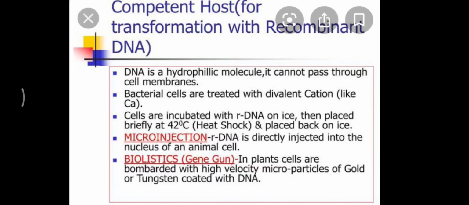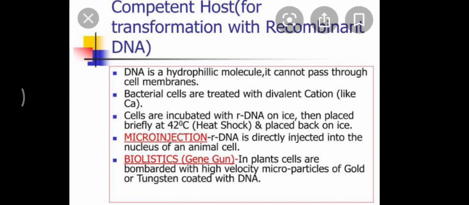DNA is a hydrophilic molecule and it cannot pass through the cell membrane. So, the bacterial cells are treated with calcium ions, Ca2+ ions, and then these cells are incubated with recombinant DNA on ice and then placed briefly at 42 degrees C.